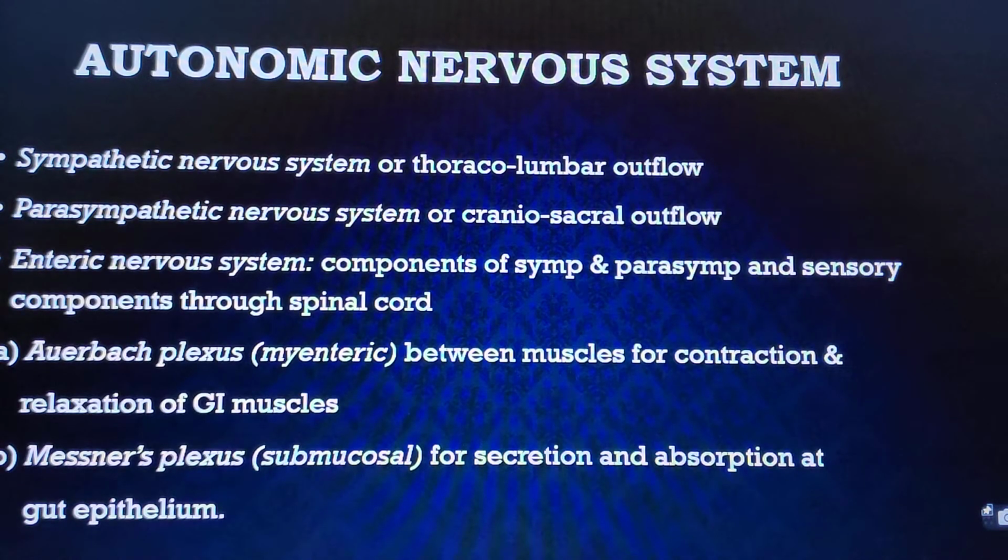So the nomenclature of enteric nervous system is relatively new terminology, because broadly speaking, the autonomic nervous system is composed of sympathetic and parasympathetic, and the enteric nervous system is a part of the sympathetic and parasympathetic nervous system.